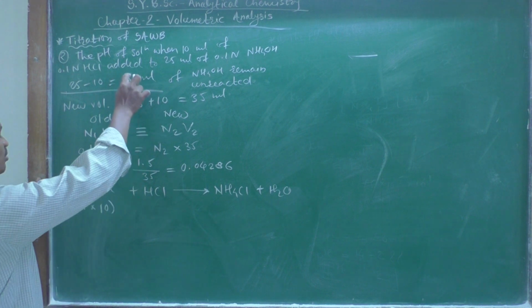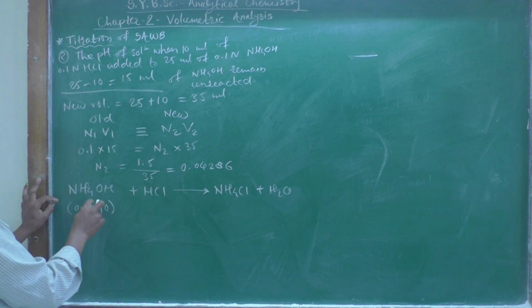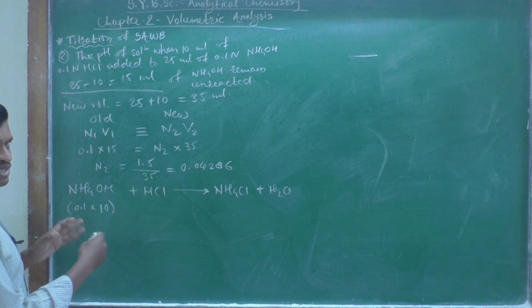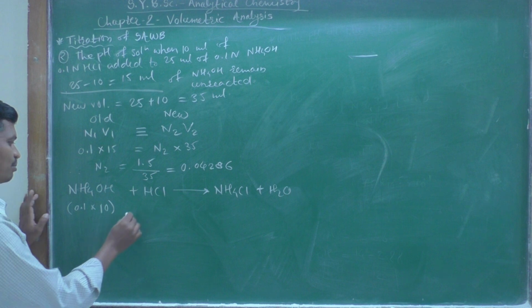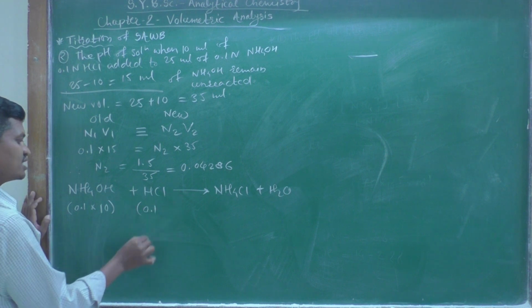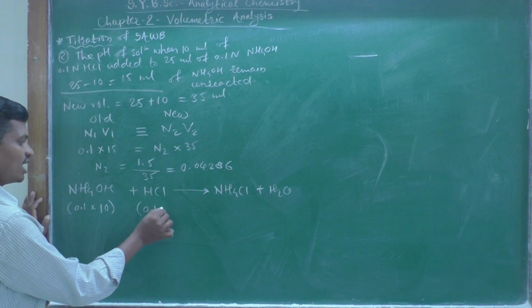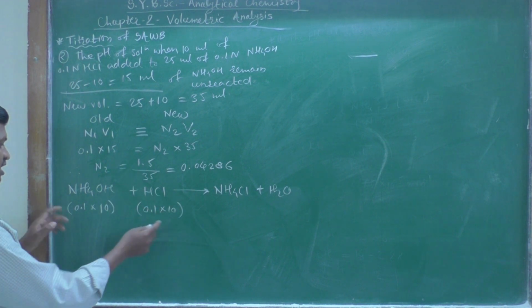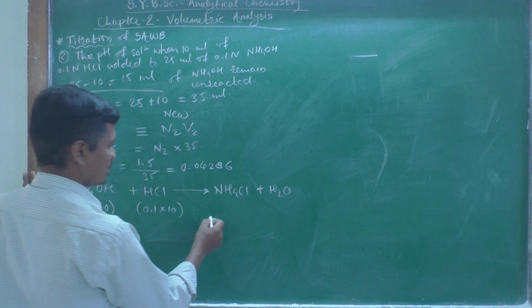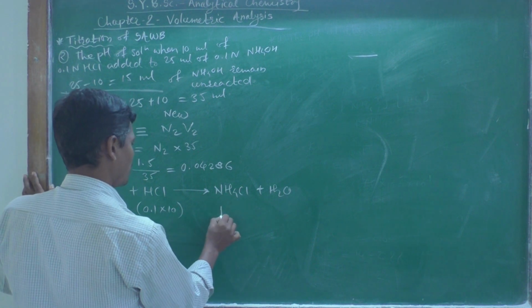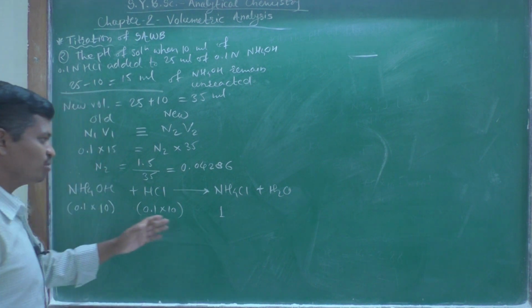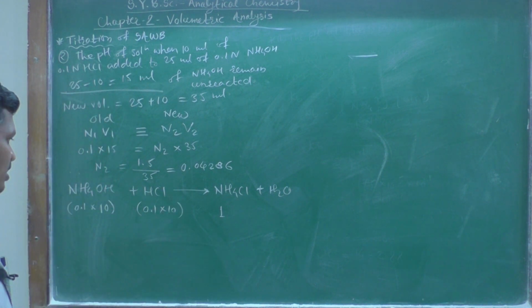Because 10 ml of NH4OH is reacting only with 10 ml of HCl, and this is a neutralization reaction between acid and base. Again, this is having 0.1 concentration and into 10 ml of HCl that we added. The reaction between these two forms 1 millimole of NH4Cl. Okay, 1 millimole of ammonium chloride will be formed here.